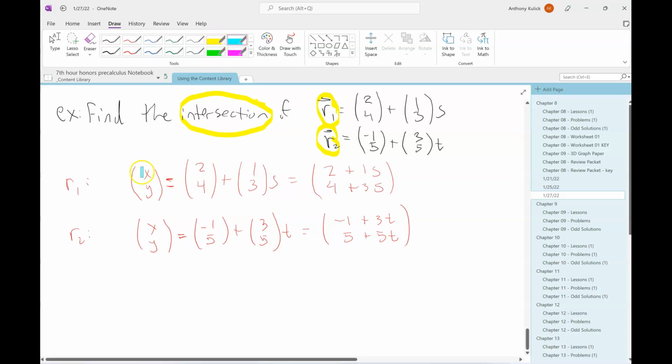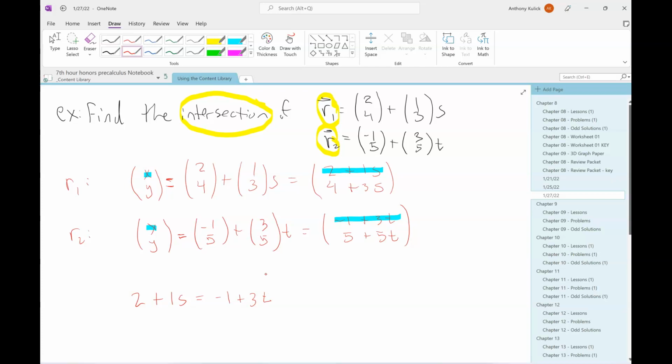Okay. So if I look at the first equation, I see that x is going to be formed by doing 2 plus 1s. And if I look at the second equation, the same x could also be formed by doing negative 1 plus 3t. So I can say then 2 plus 1s has to equal negative 1 plus 3t, since they both have to generate the same x.